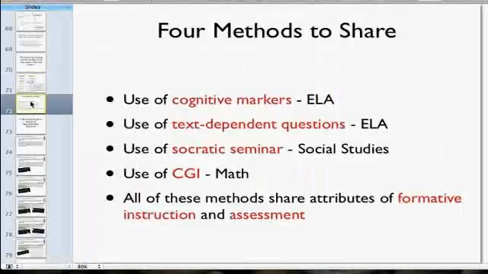So I'd like to share with you now four different methods that are examples of some of the mediational kinds of teaching and learning that can be really helpful in ratcheting up levels of cognition and learning.